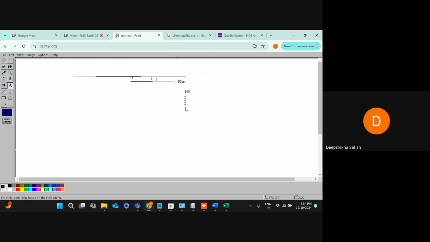But if only 40 bases are matching, and the other 10 bases are deleted, it will tell you 40M and 10D. D stands for deletion. So 50M is telling you 50 bases are matching. If you get the CIGAR string value 40M 10D, that means 40 bases are matching and the 10 bases are deleted.